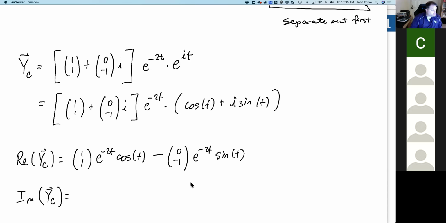Similarly, if I look at the imaginary part, it's the part that would be multiplied by i. So you would get 0, -1 times e to the -2t cosine t. That would be multiplied by an i. And then you also get 1, 1 times the sine term.